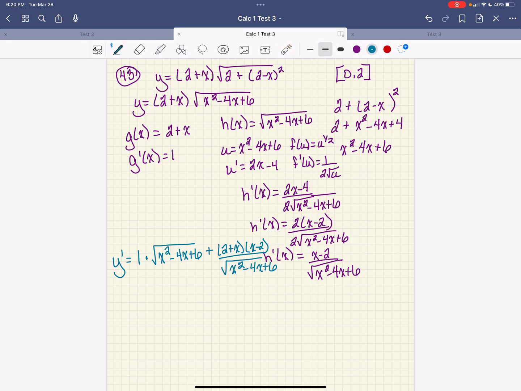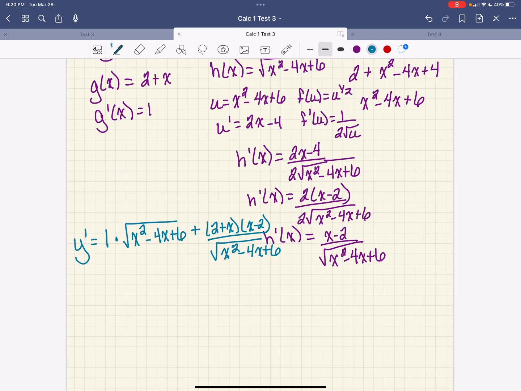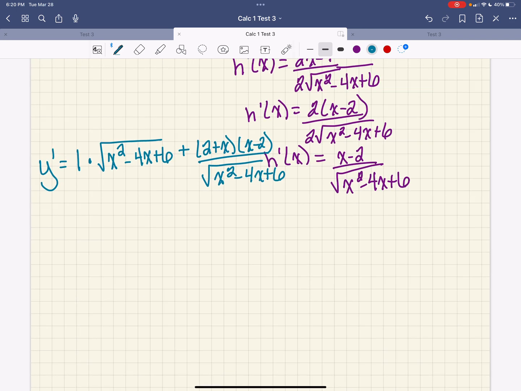Now I am going to clean this up by getting a common denominator. So all of this is over 1. This is going to be my common denominator. What I have to do is multiply the denominator by the square root of x squared minus 4x plus 6, and if I multiply the denominator by that to get my common denominator, I also have to multiply my numerator by that.